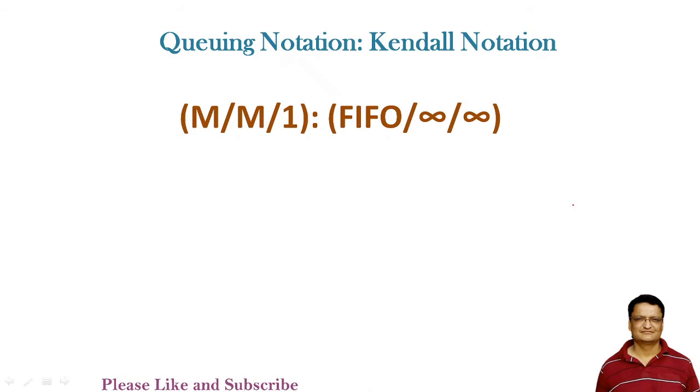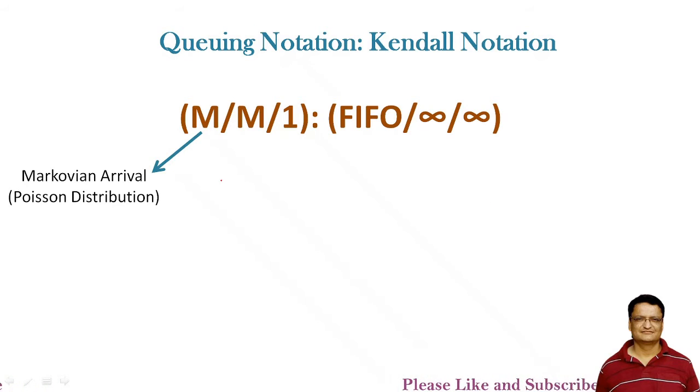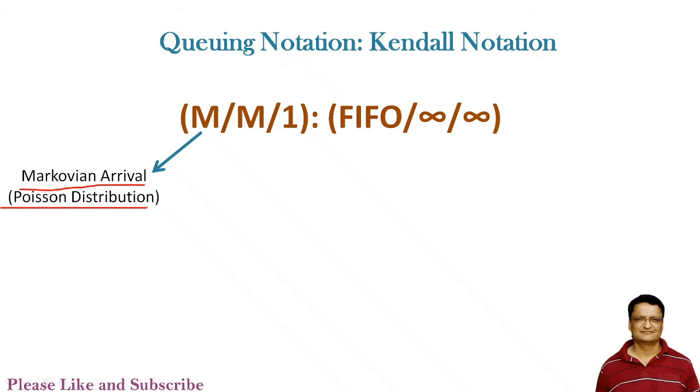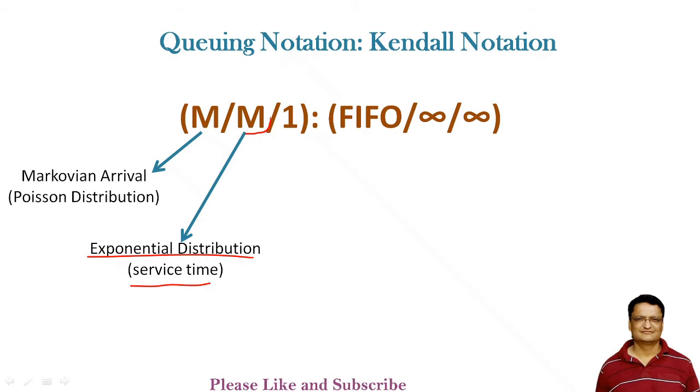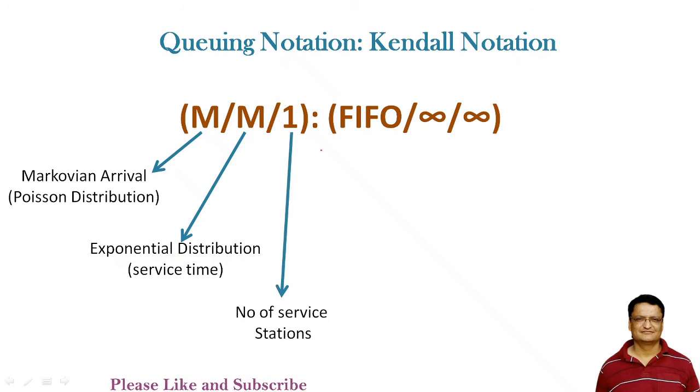Let us try to understand this Kendall notation system with the help of the single server queue model. In the single server queue model, we assume that the arrival distribution is Markovian arrival, which is also called a Poisson distribution, and which is denoted by this M. Again, there is an exponential distribution for the service time, which is denoted by this letter M. There is one service station, so we denote it by 1.